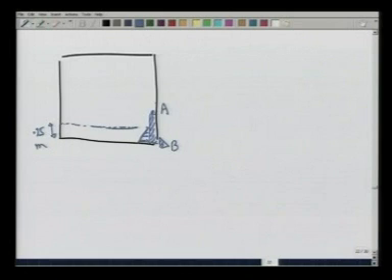In particular, we focused on rectangular sheets. In the next lecture, we are going to work on a slightly more involved mathematical concept called the second moment of area and the product of area.